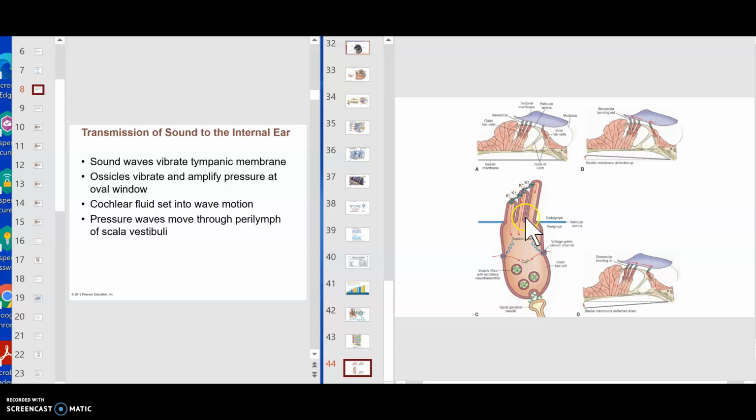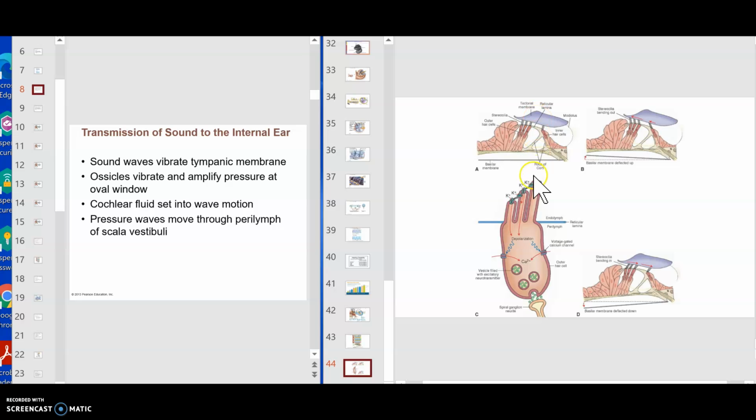Within the stereocilia, just like the other cilia, you have actin filaments that are going to make the stereocilia very rigid. And you can see that you have tall ones and short ones. The taller ones can press into the tectorial membrane up here.